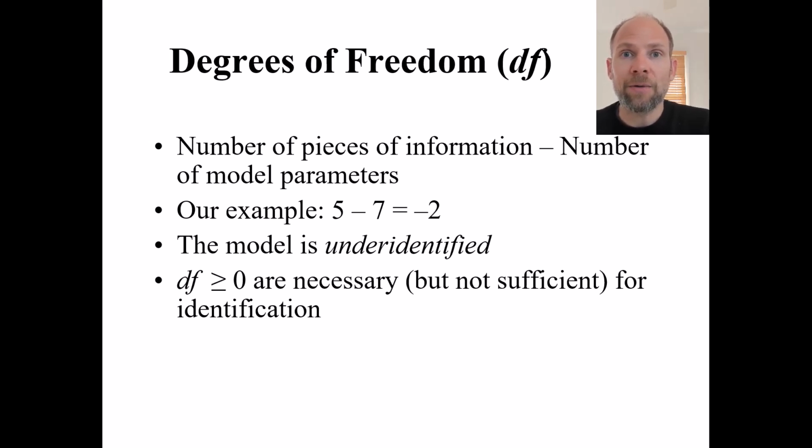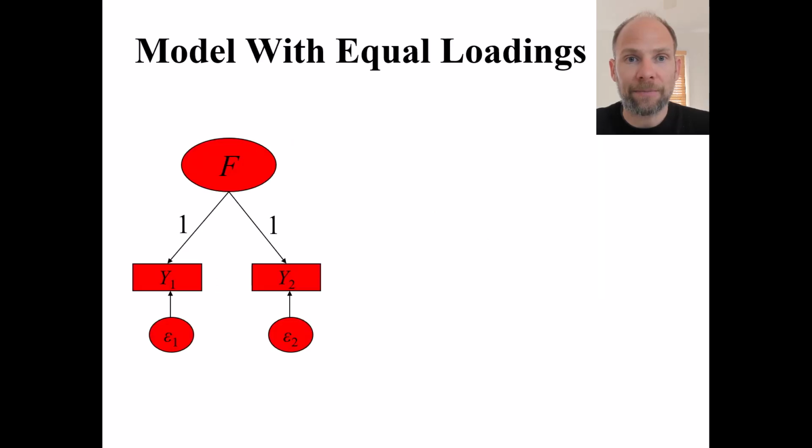In that case, you have to reduce the number of unknown parameters. That's your only option. So you have to take something away. And then the question is: is there a reasonable way to take something away from the list of unknowns to bring that list down to where we have enough information to estimate the remaining parameters?